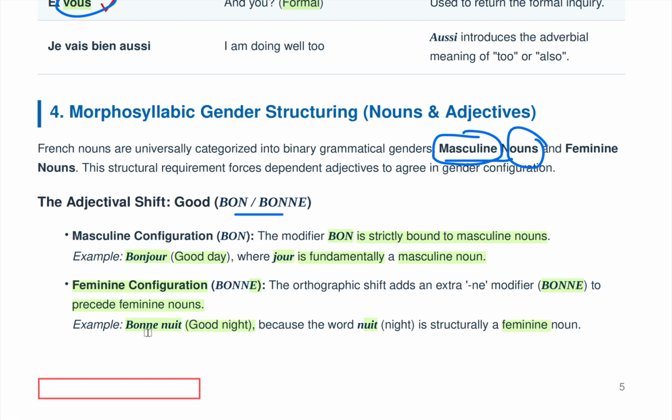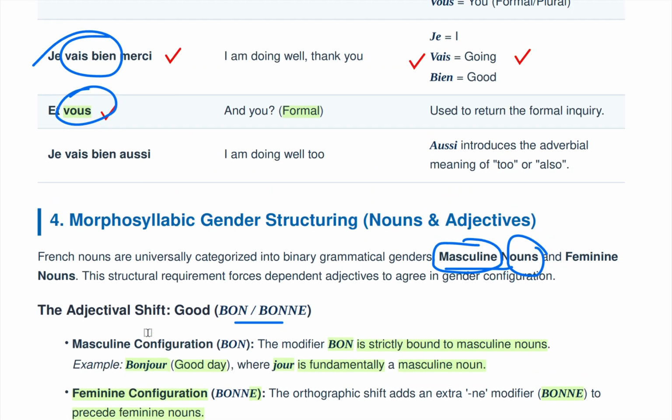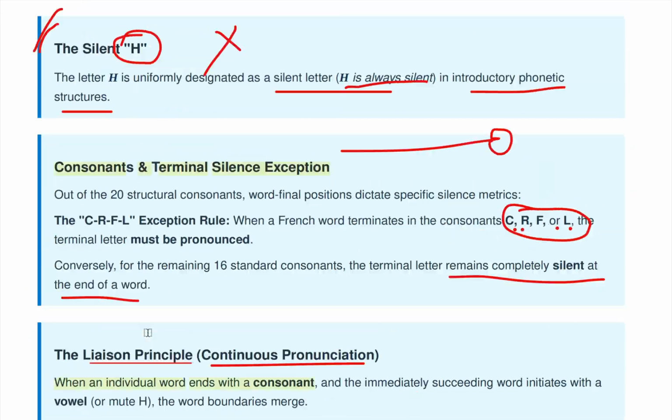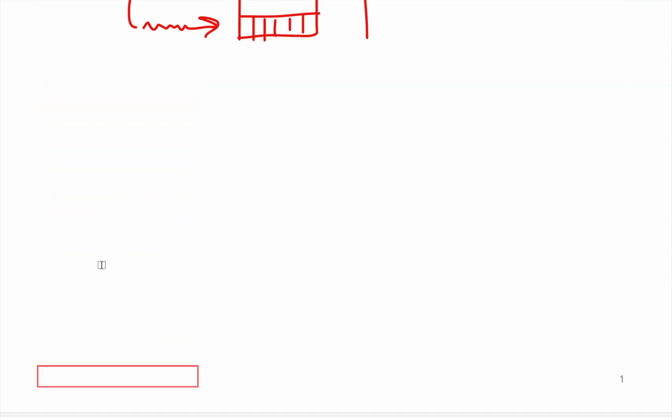D'accord, remember what d'accord means? D'accord means okay. So now if there is anything which you don't understand right now, you don't have to worry at all. This is just day one, the starting of learning French, and we have covered a lot of concepts in day one only. It's a little bit lengthier as compared to the other lessons, but do not worry.